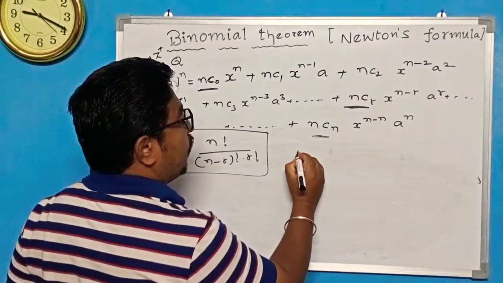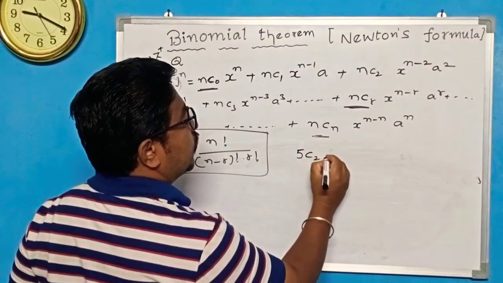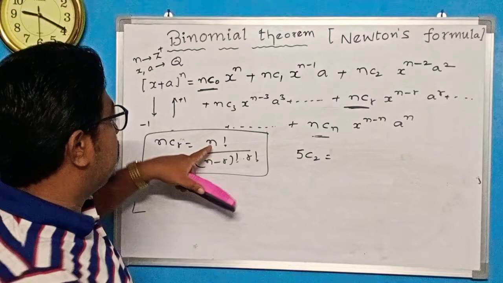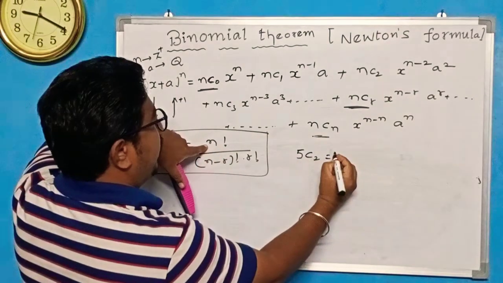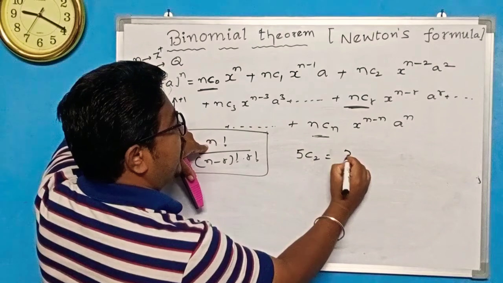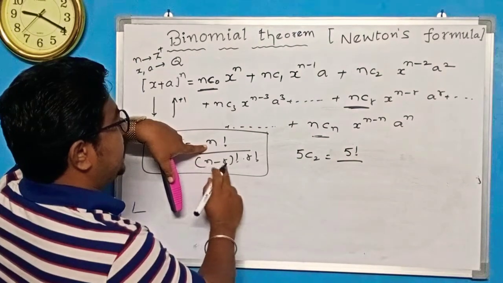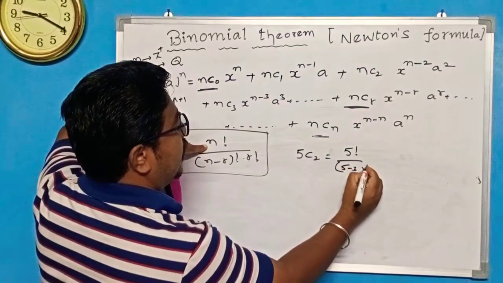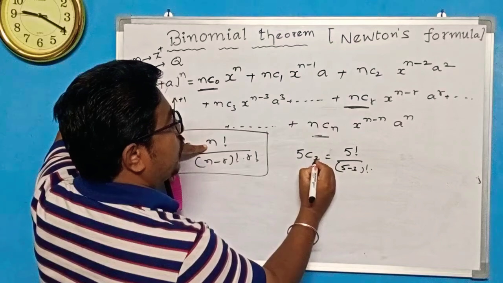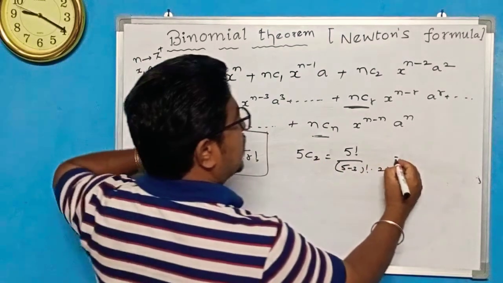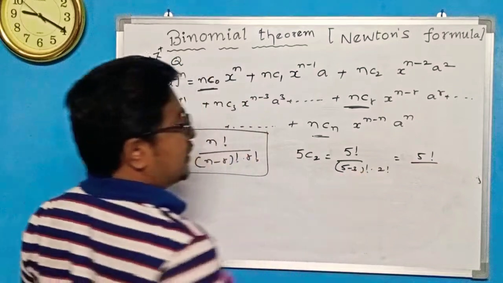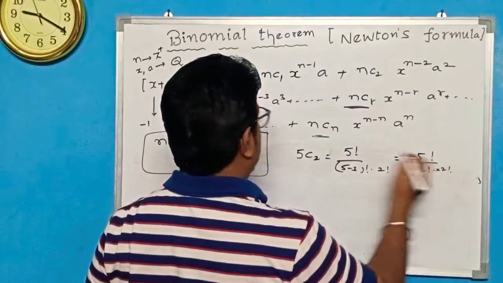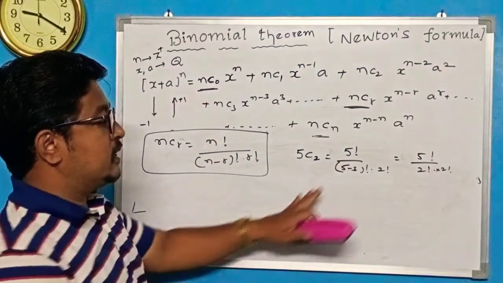For example, how can you find 5C2? 5C2 means 5 factorial by (5 minus 2) factorial into 2 factorial, that is 5 factorial by 3 factorial into 2 factorial. So this is the condition for using these concepts.